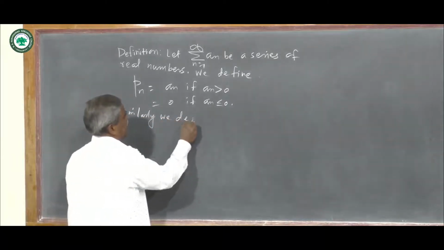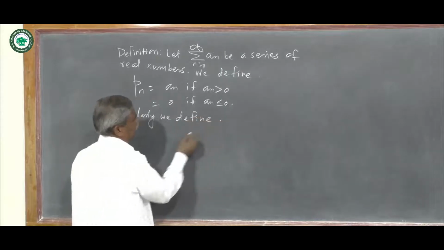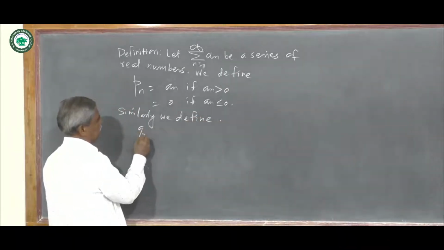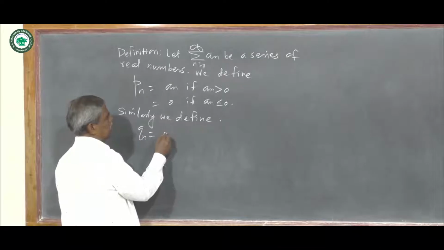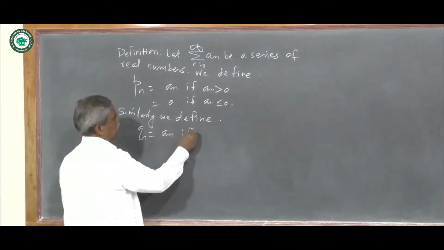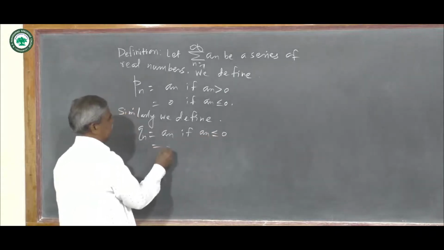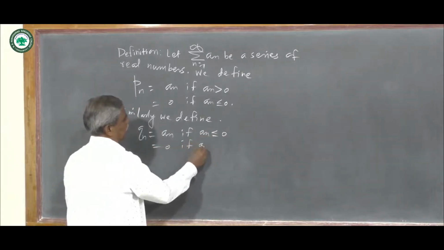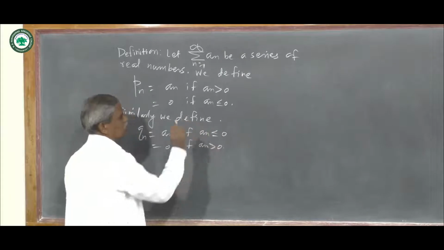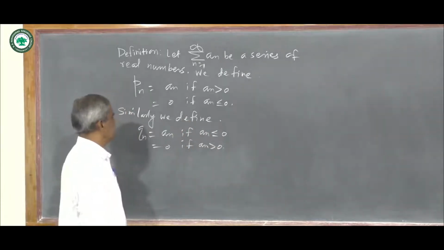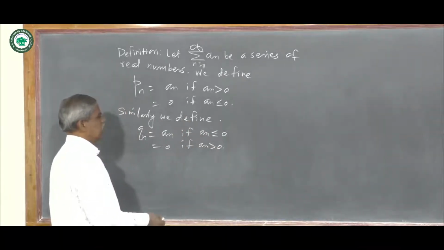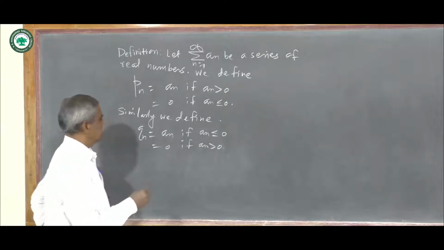We define q_n equal to a_n if a_n is less than or equal to 0, and equal to 0 if a_n is greater than 0.